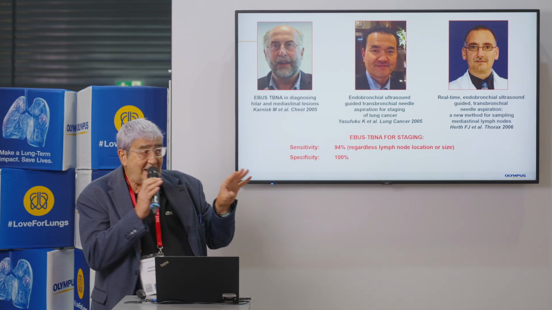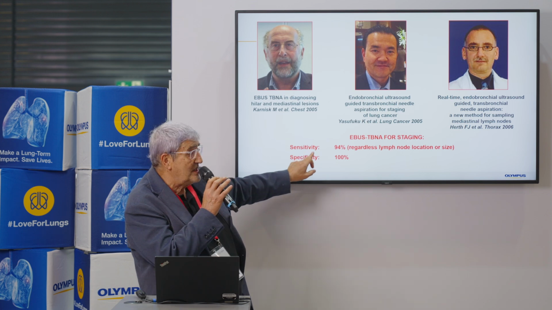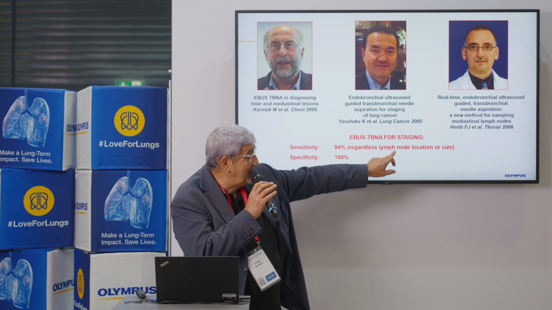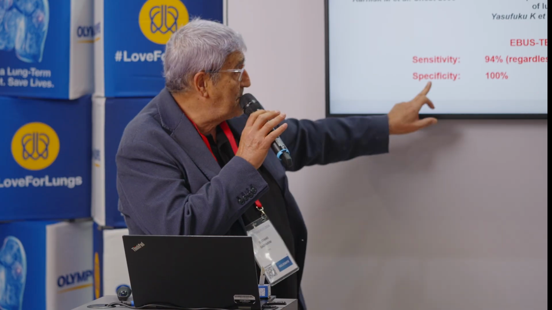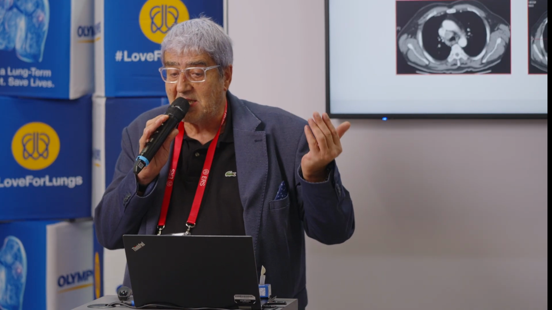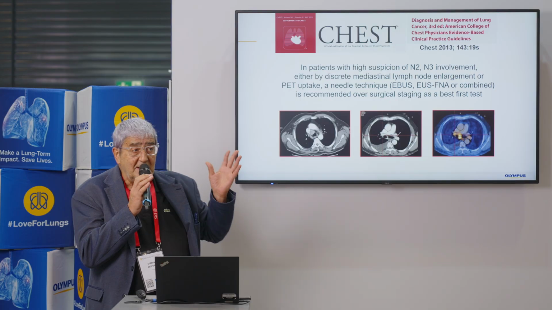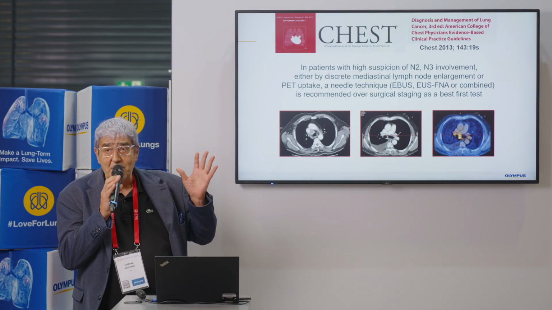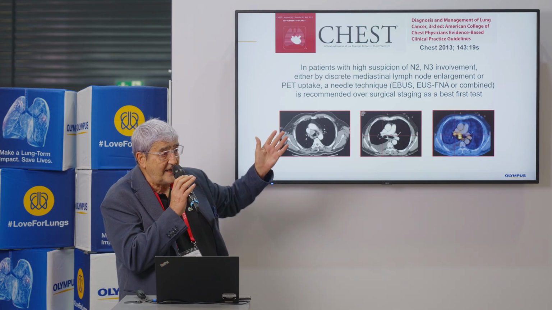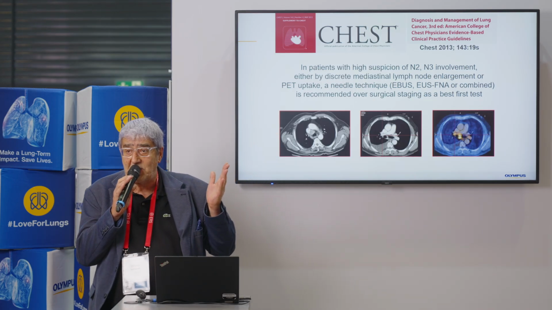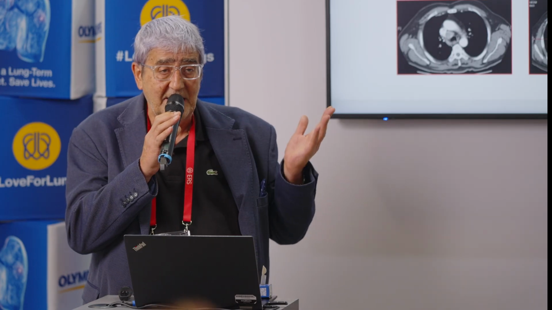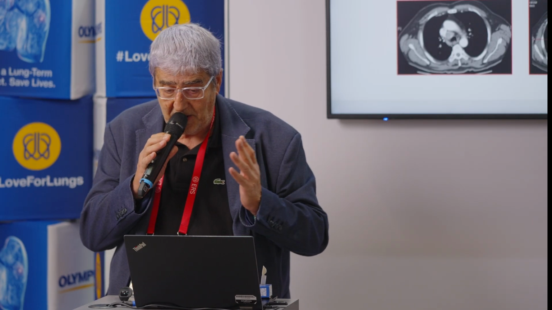And they demonstrated that the sensitivity was very high, regardless of the lymph node location or size, and the specificity was 100%. For this reason, very soon, the EBUS-TBNA became the first step in the staging of lung cancer in all the guidelines published about the pathway, diagnostic and staging for lung cancer.